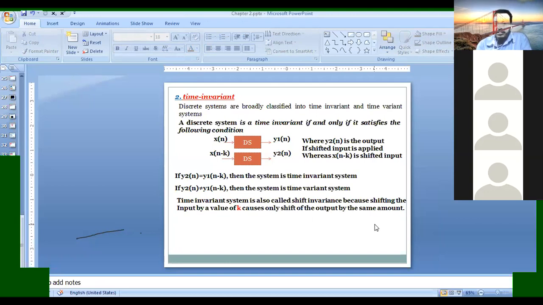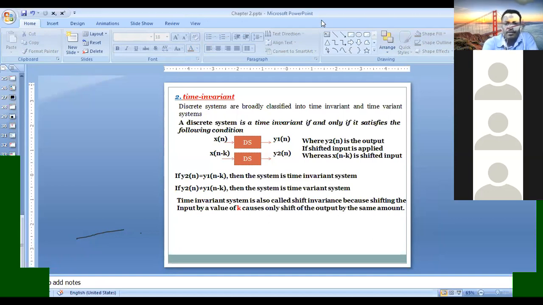If the input is shifted by some amount k, the only effect on the output is also a shift by the same amount. You can read it here. A time invariant system is also called shift invariance because shifting the input by some amount k causes only what? Only a shift of the output by the same amount, no other effect.